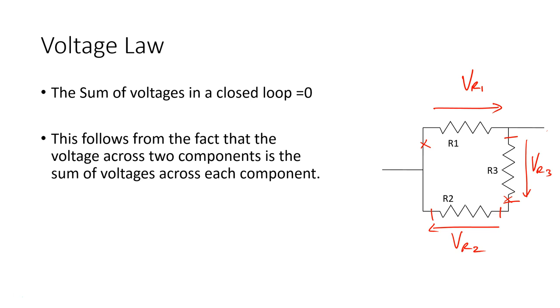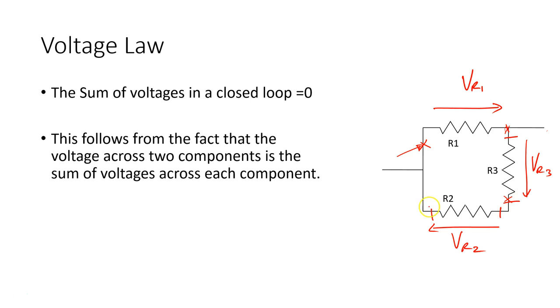Once we have that, what you could see is if I leave one probe at this point and I measure to here, I get VR1. Then if I measure to this point, I get VR1 plus VR3.